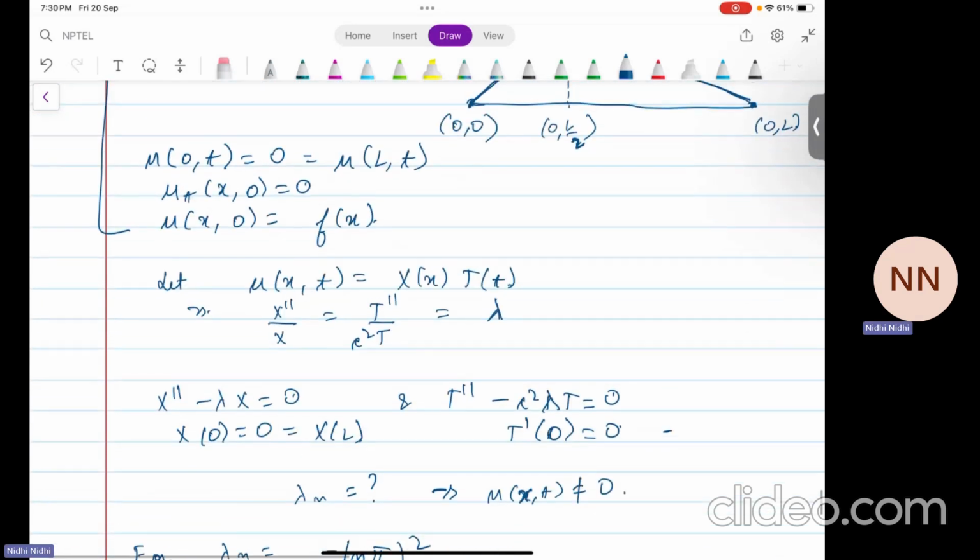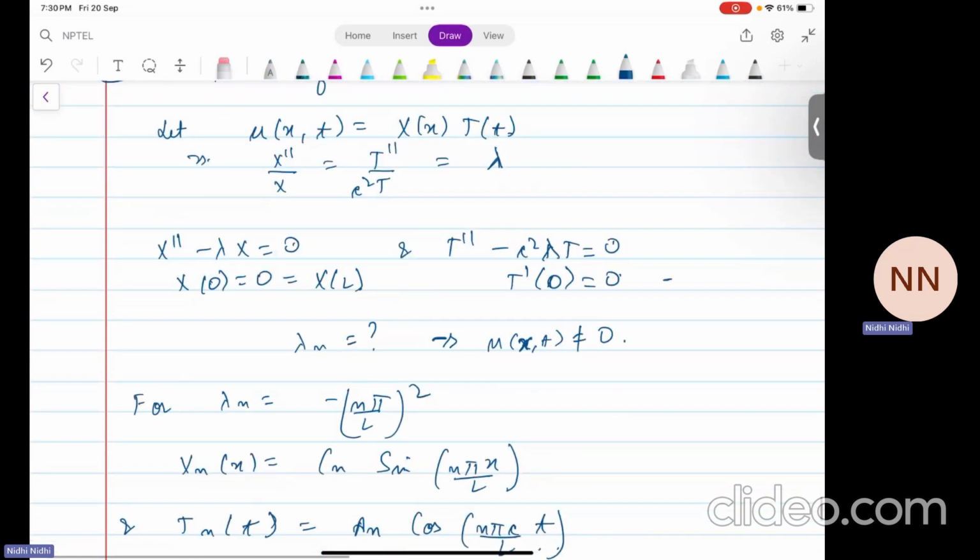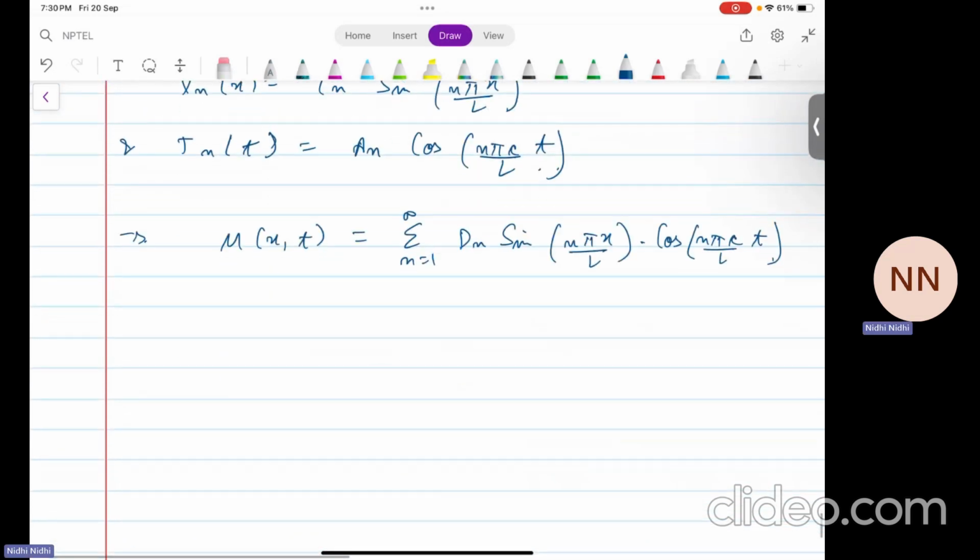So we have one more condition, u(x,0) is f(x), that gives us f(x) is equal to u(x,0), which is equal to the summation n from 1 to infinity dn sine n pi x by L. Since cos 0 is 1, we have this equal to this.